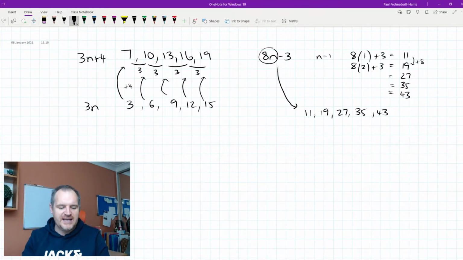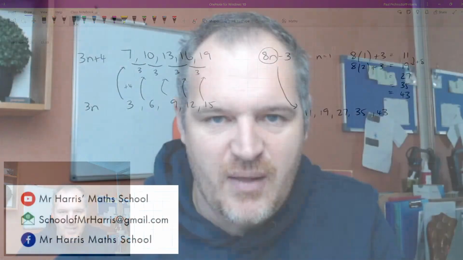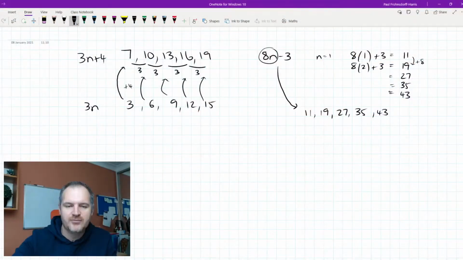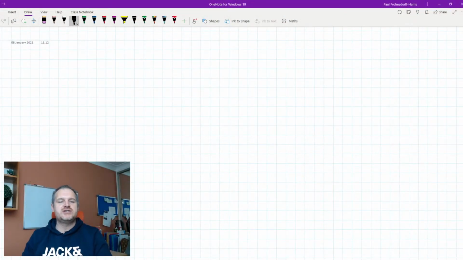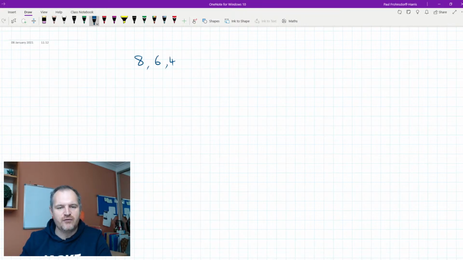You might even sometimes, and this is the scary bit, you might even sometimes have to do some which go downwards. It's not too scary. But if we've got one that goes 8, 6, 4, 2, 0, minus 2, it'll even go below 0.